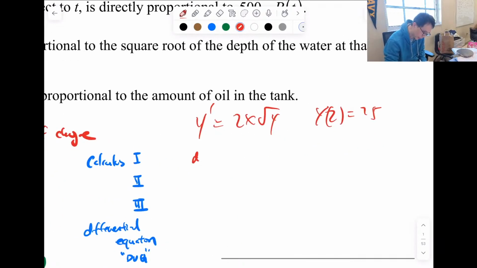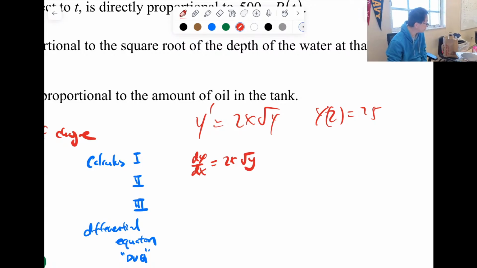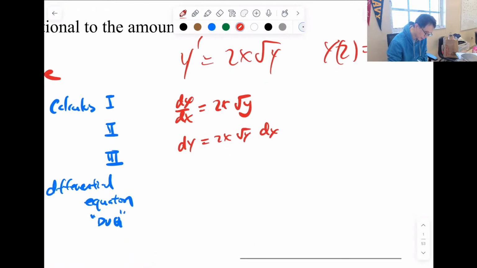So therefore dy/dx is equal to 2x root y. Did you get that? Okay, so do you multiply dx on both sides? Do you divide it by square root y on the other side?